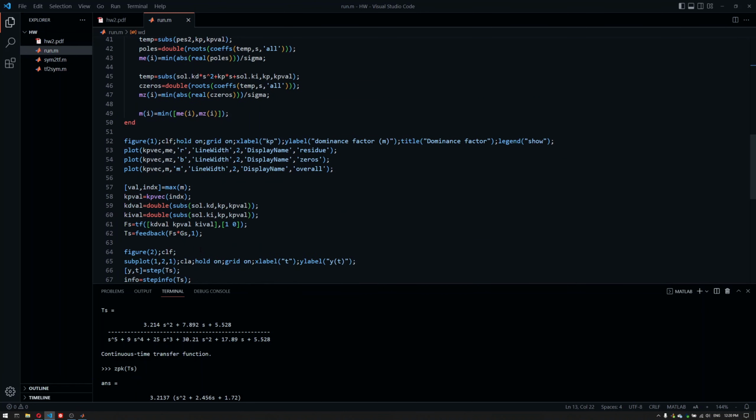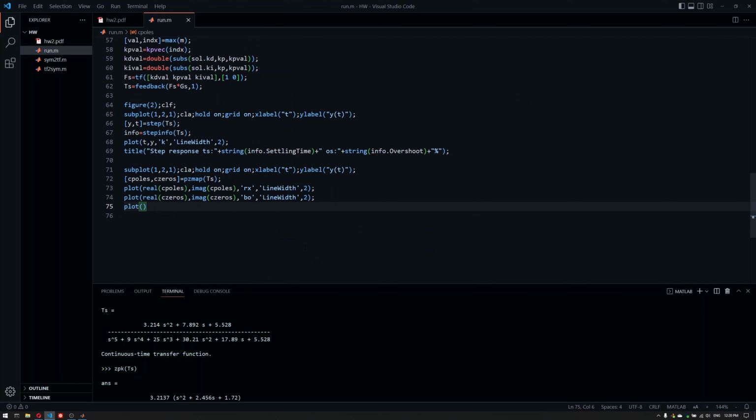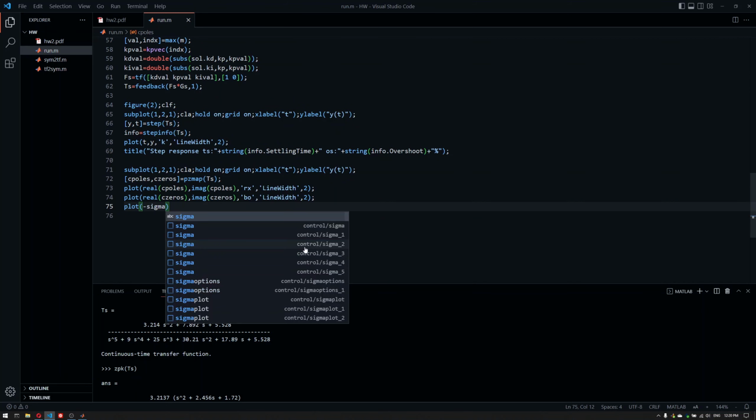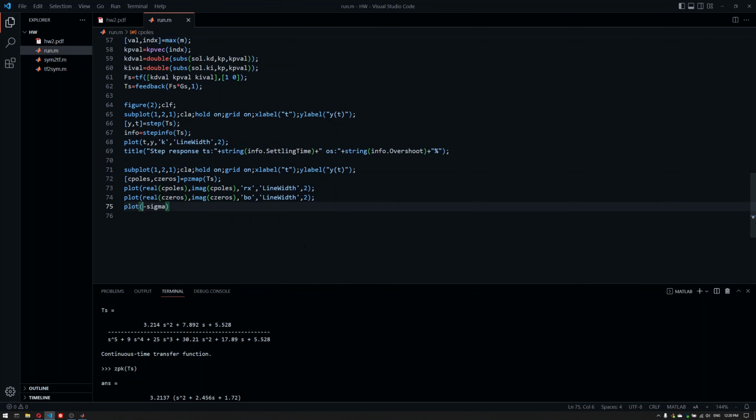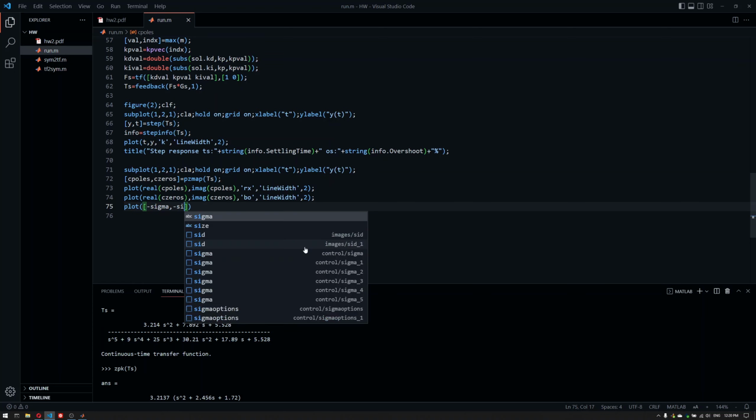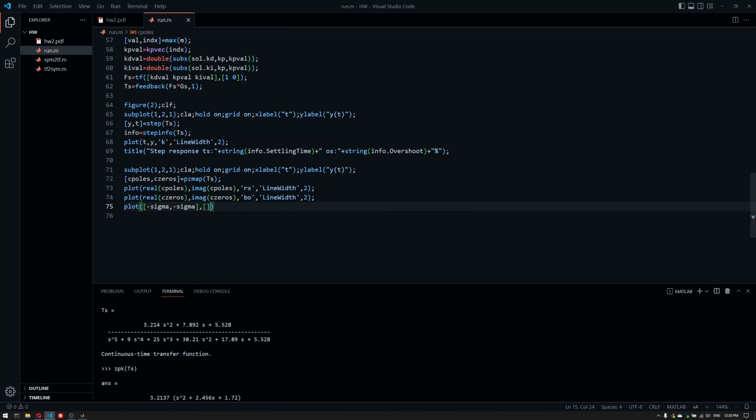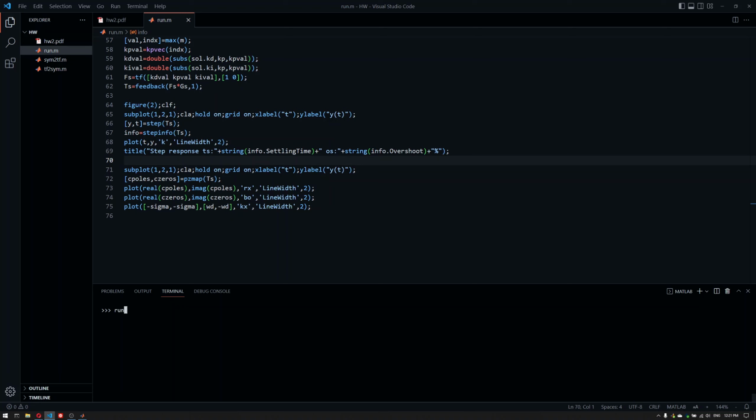So I can just directly plot it using sigma and omega d, minus sigma, so minus sigma and minus sigma, then omega d and minus omega d, kx line width 2. Now this is basically our design point, or the poles that we want to see. I'm just showing them extra. It's not really that important.